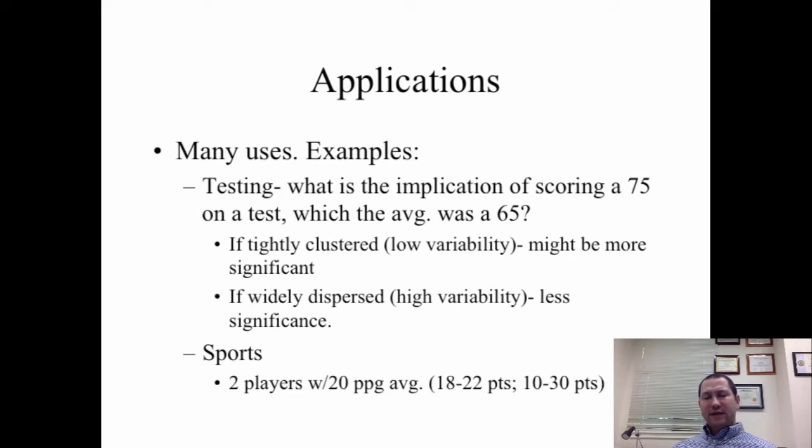If I were to ask you which player is more consistent, you would probably pick the player that scores between 18 and 22 points, because there's very little variability. The player who scores 10 to 30 points is less consistent, and therefore that high variability results in less significance. Okay.